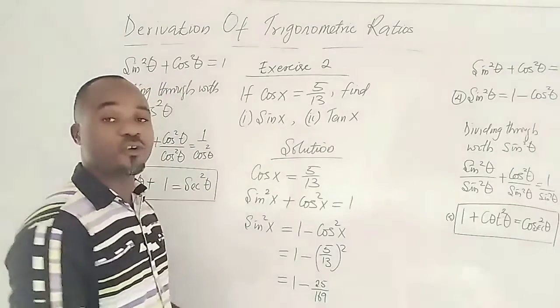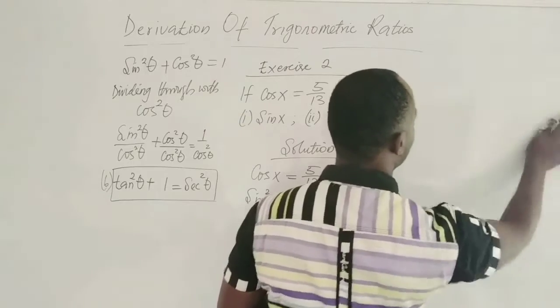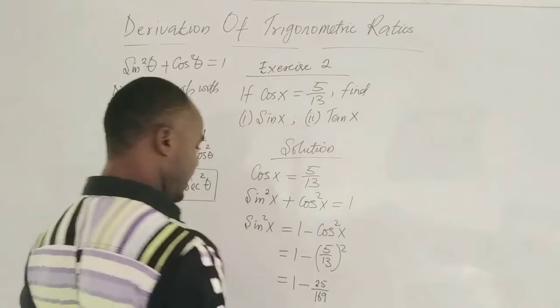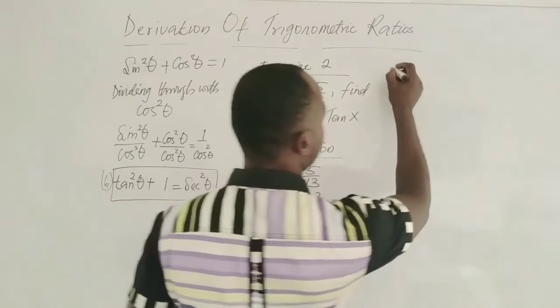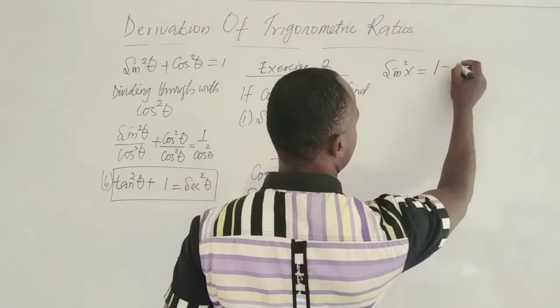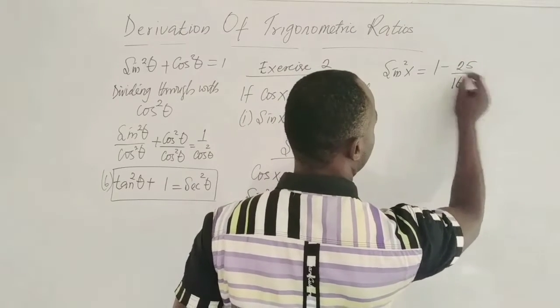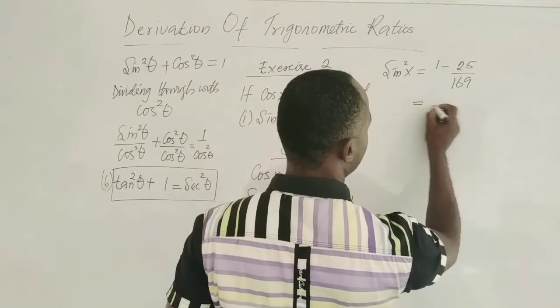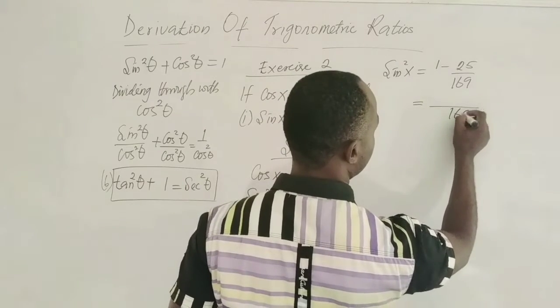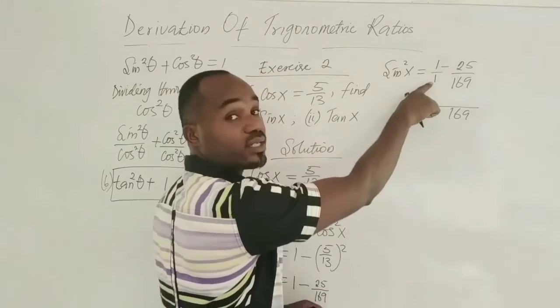It is time for us to clean the other side to have enough space and then move on with this. The next thing is to find the LCM. sin x squared is equal to 1 minus 25 over 169. So the LCM here is 169. Remember, there is an unseen 1 here.